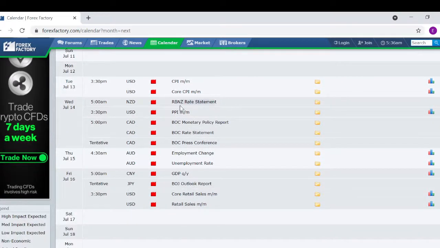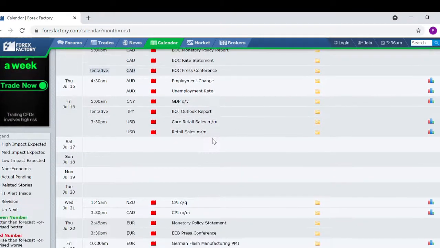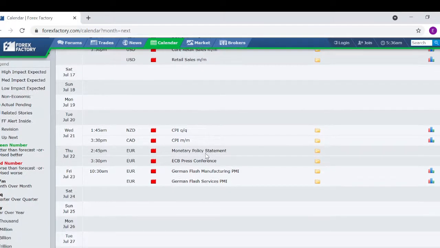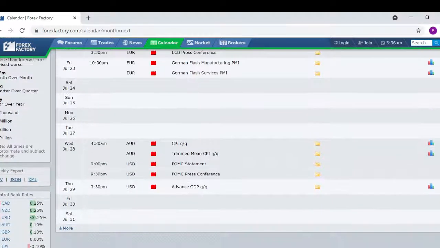And this one RNZ, on the Canadian interest rate, I don't trust it anymore. The CPI, I don't trust it more. This one I should trust.